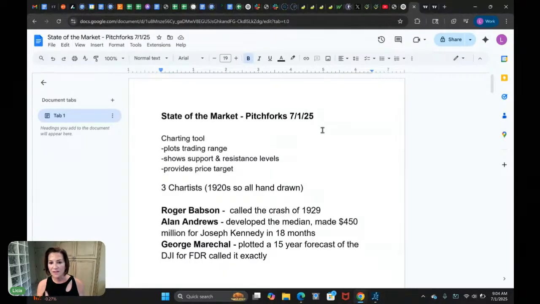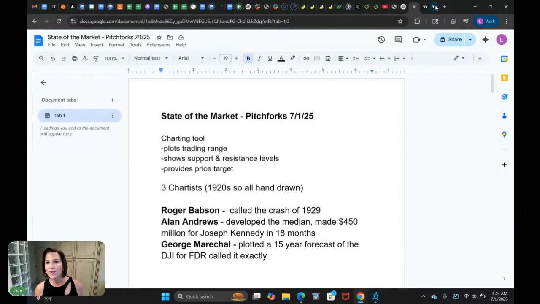A change in trend, the stock could bounce from here. It's been sold off. There's support down here. Let's see what it does when it hits this support. All those changes in the trend are what I find to be great trading opportunities, great trade setups. And the pitchforks also provide you with a price target.